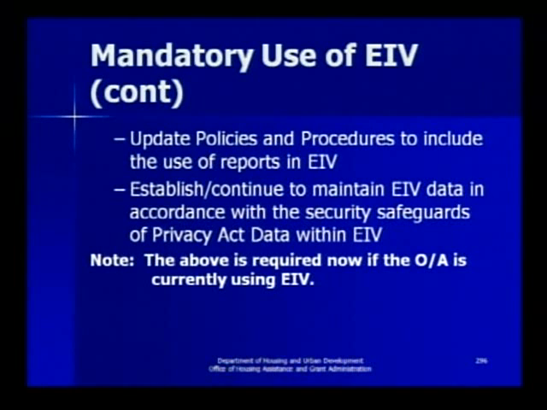OAs with the mandatory use must update their policies and procedures to include the use of the EIV reports. They must update the tenant selection plan due to using the existing tenant search. They'll need to establish or continue to maintain EIV data in accordance with the security safeguards that Michael spoke of earlier today.